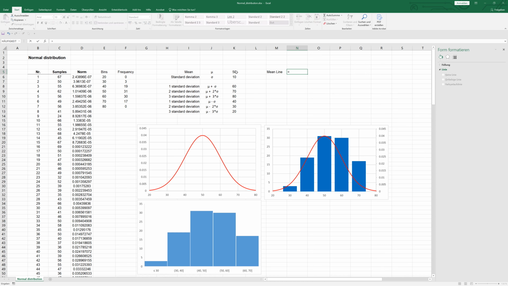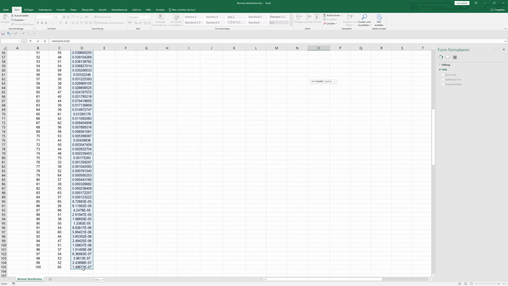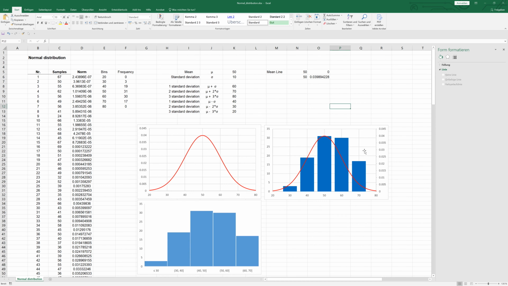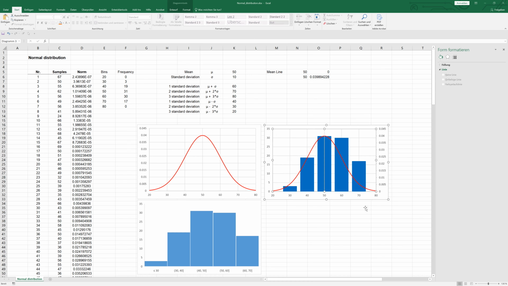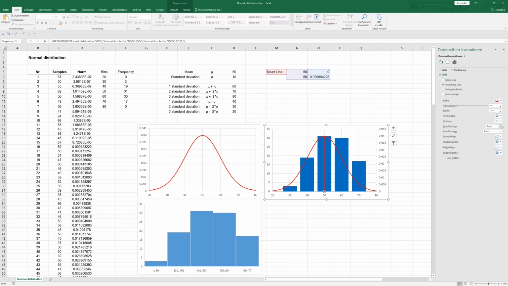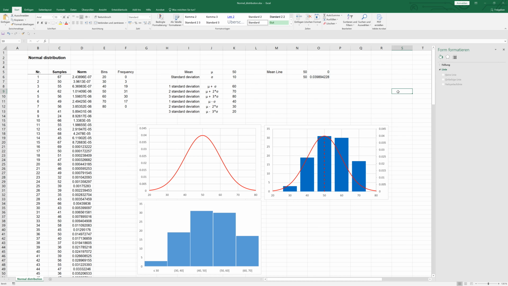Additionally, we can add the mean line to our diagram. And finally, first, second and third deviation points.